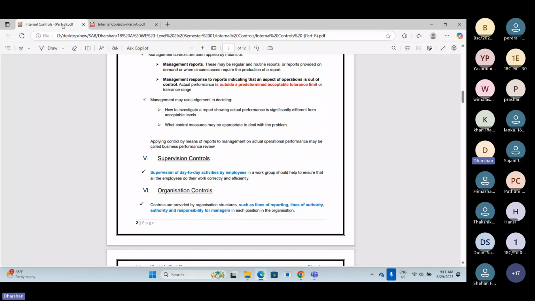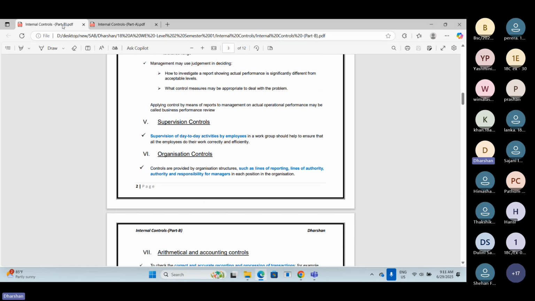And today we will start with supervision controls. Supervision controls are supervision of day-to-day activities by employees. Normally, you can imagine factory employees. Manufacturing companies have employees in factories, because the manufacturing process takes place in the factory. So the organization should appoint a supervisor to supervise the employees.